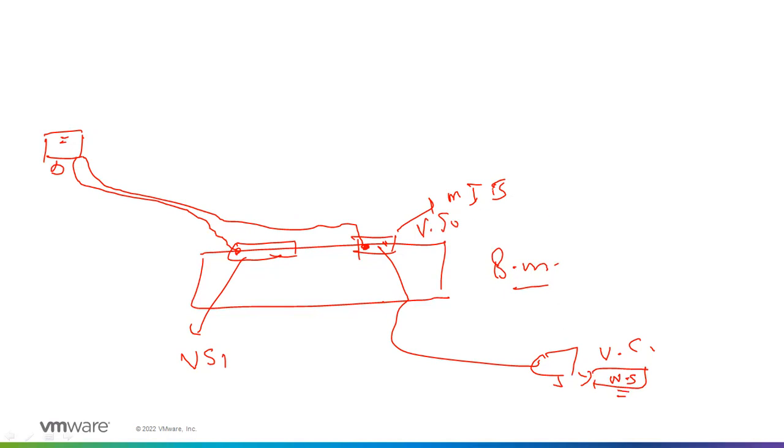When you give the management IP, for example, give one NIC the IP 1.11 and enable RDP here. This IP will go here.